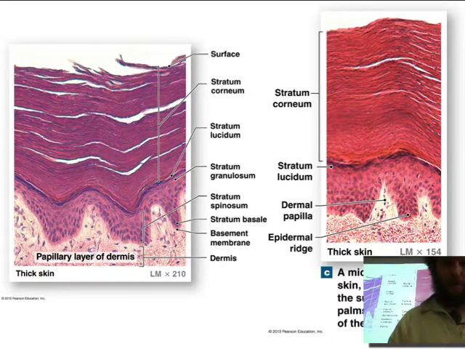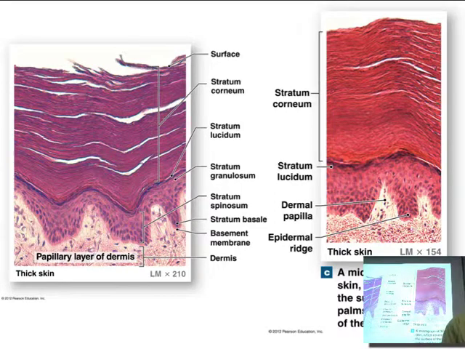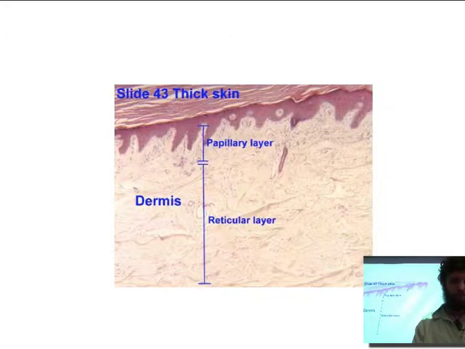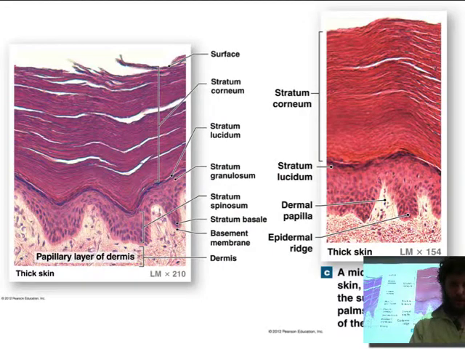There are two types of skin. There's thick skin and thin skin. These are depictions of thick skin. Thick skin is exclusively found on the palms of your hands and the soles, the plantar surface of your feet. Everywhere else is thin skin. So let me see here.